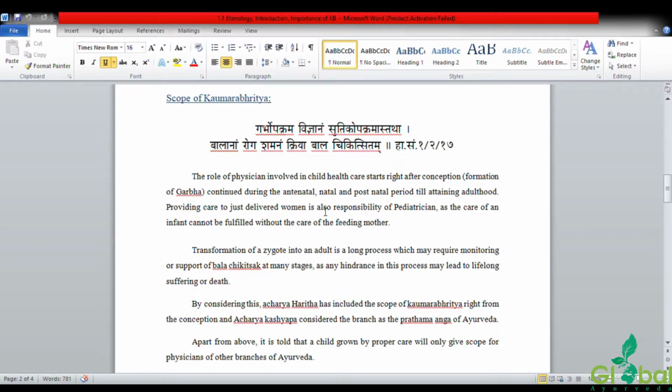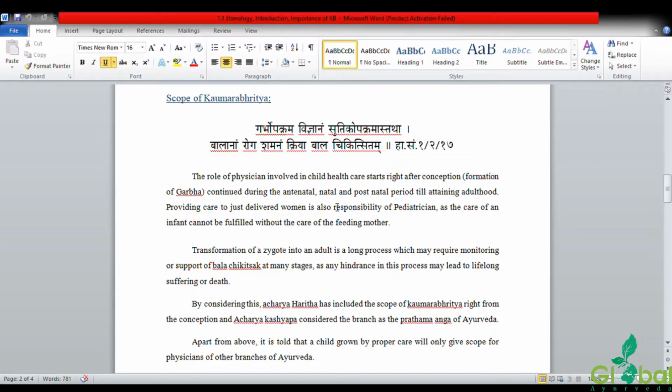Garbhopakrama Vignanam: from the time of formation of Garbha, continued during the antenatal, natal and postnatal period till attaining adulthood. That is Sutika Upakramastatha. Sutika is the lady who has delivered the child.